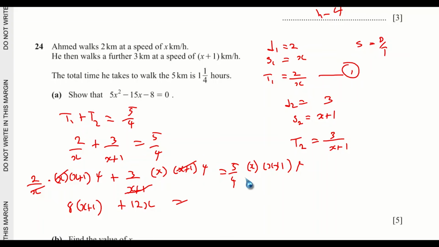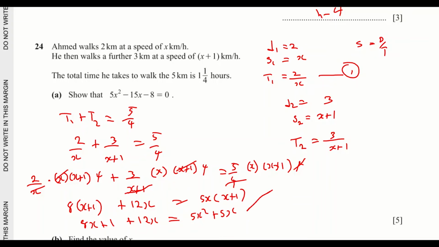Equal to, we cancel 4 here, so we'll be left with 5x multiplied by x plus 1. If you open this bracket here, you have 8 times x plus 1 plus 12x to be equal to 5x squared plus 5x.